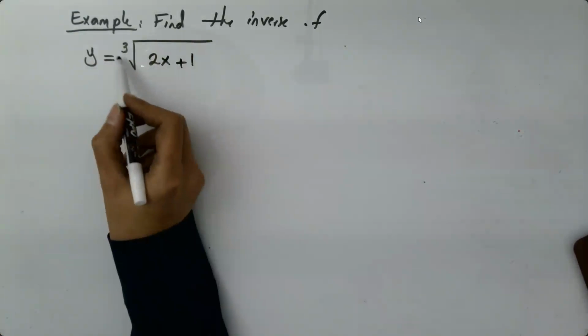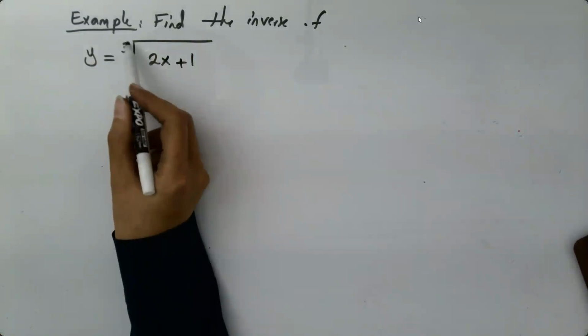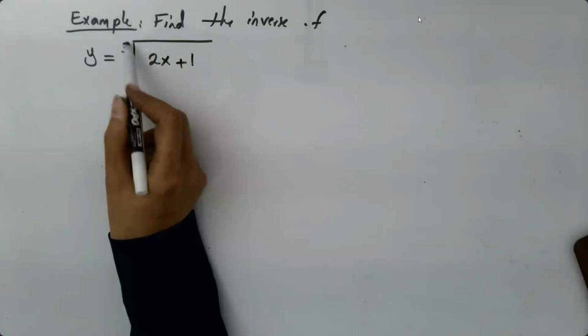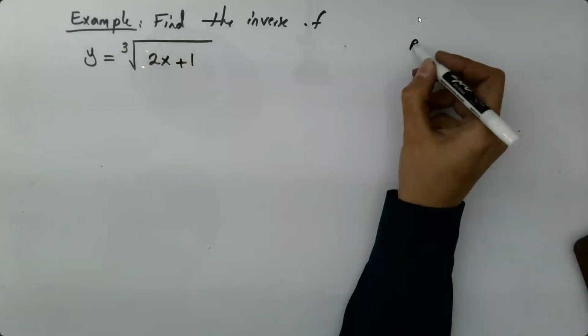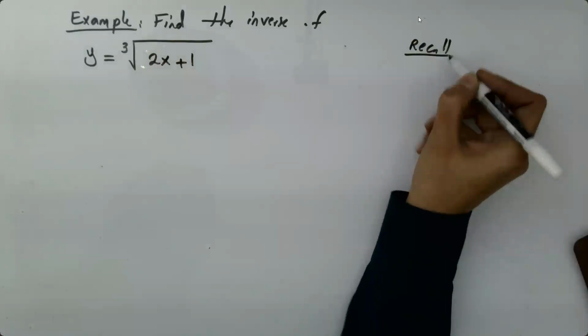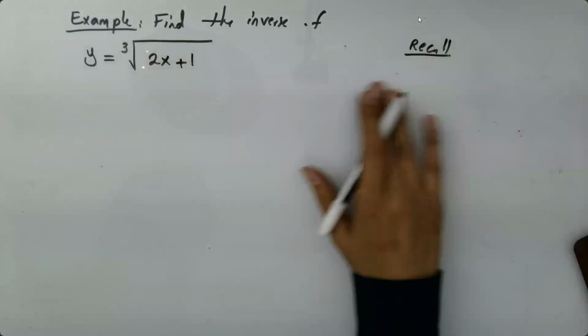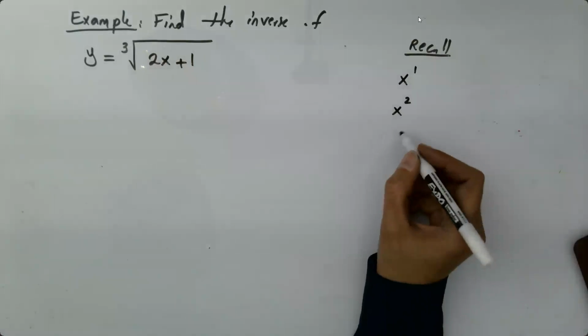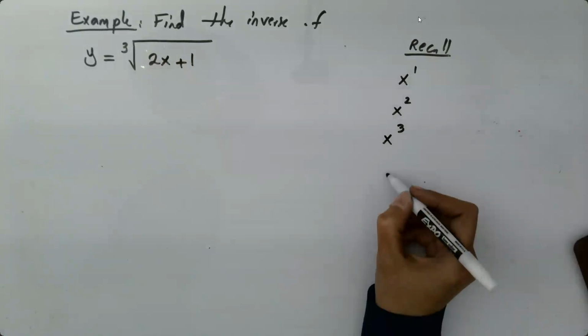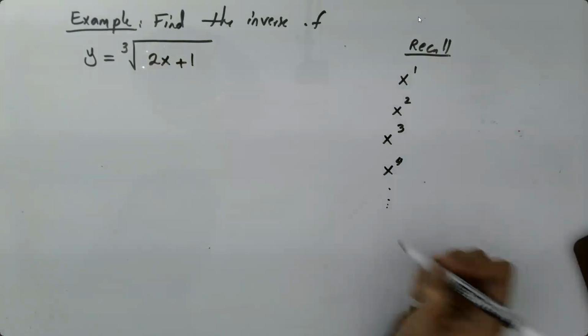Guys, note that the index for my radical is 3. Just a quick recall that you have, for example, x to the first power, x to the second power, x to the third power, x to the fourth power, and so on.